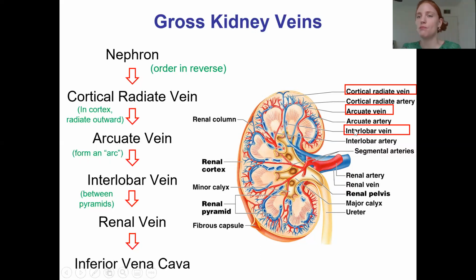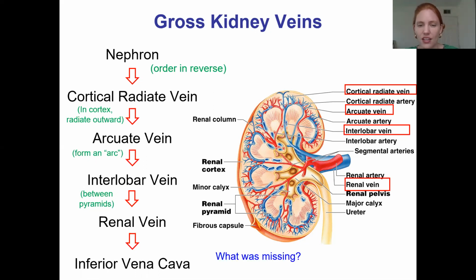Remember, inter means between, so that reminds you that they're between the pyramids. Those are the interlobar veins. Then from there, they're going to empty into the renal veins. And the renal vein will then dump into the inferior vena cava. So what was missing? What did I not say?